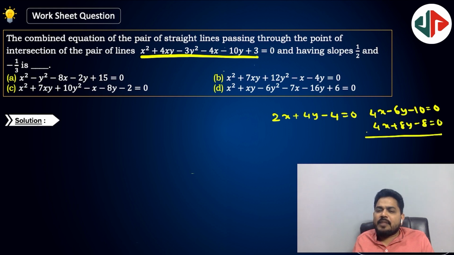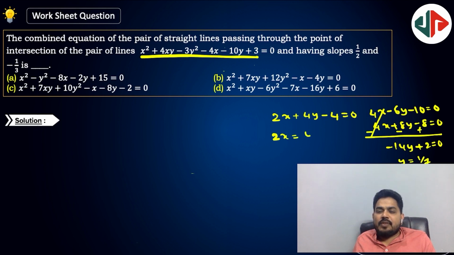Subtract one from other, minus minus plus. So you will be getting minus 14y plus 2 is equal to 0. y is equal to 1 by 7. So y is equal to 1 by 7.